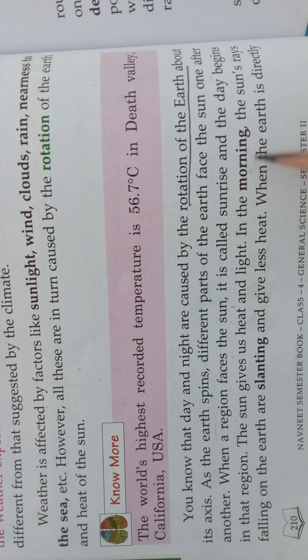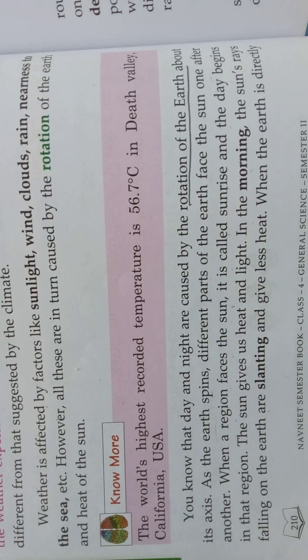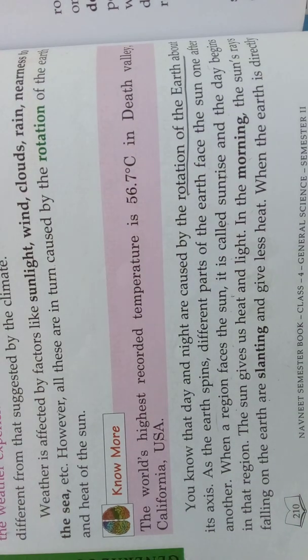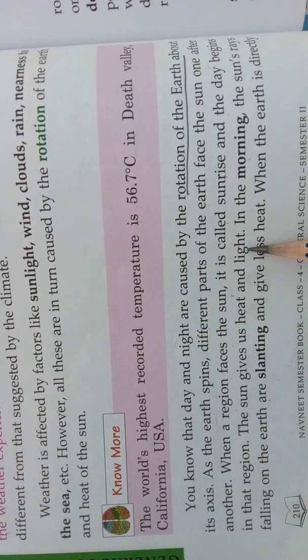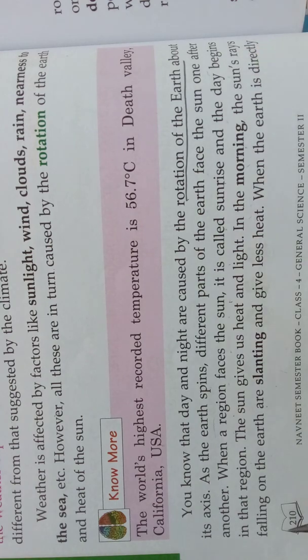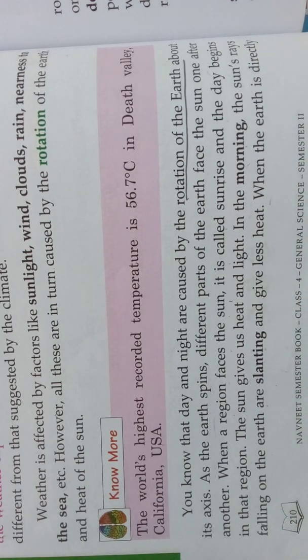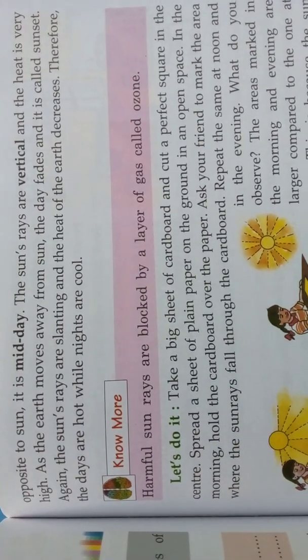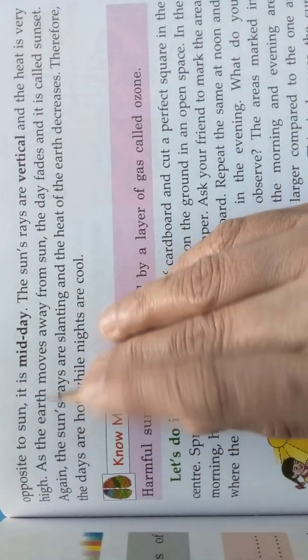In the morning, the sun's rays falling on the earth are slanting and give less heat. When the earth is directly opposite to the sun, it is midday.